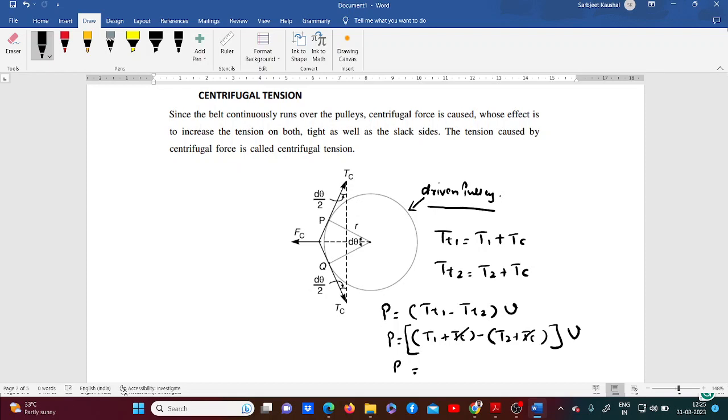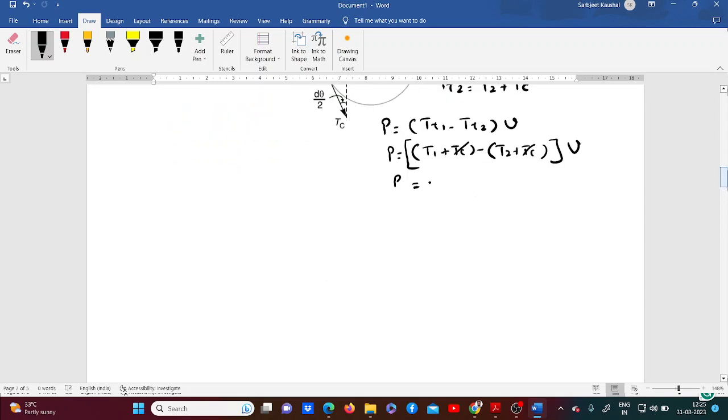So the power transmission will be T1 minus T2 into velocity. From this equation it is clear that there is no effect of centrifugal tension on the overall power transmission of the belt drive.